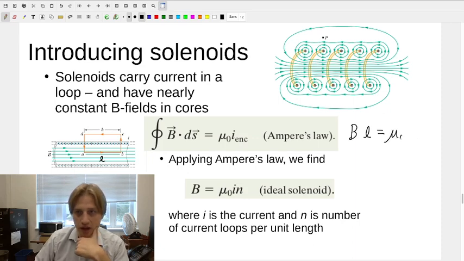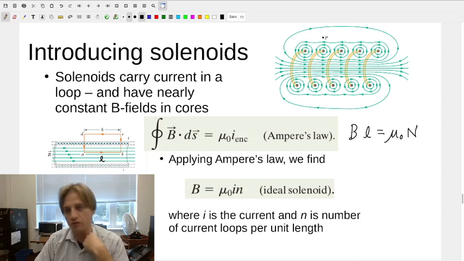So I enclosed would be however many loops are inside of your box. Let's say that is n loops. We count them up: 1, 2, 3, 4, 5, 6, 7, 8, 9, 10, 11, 12, 13. Okay, so n would be 13 in that case.